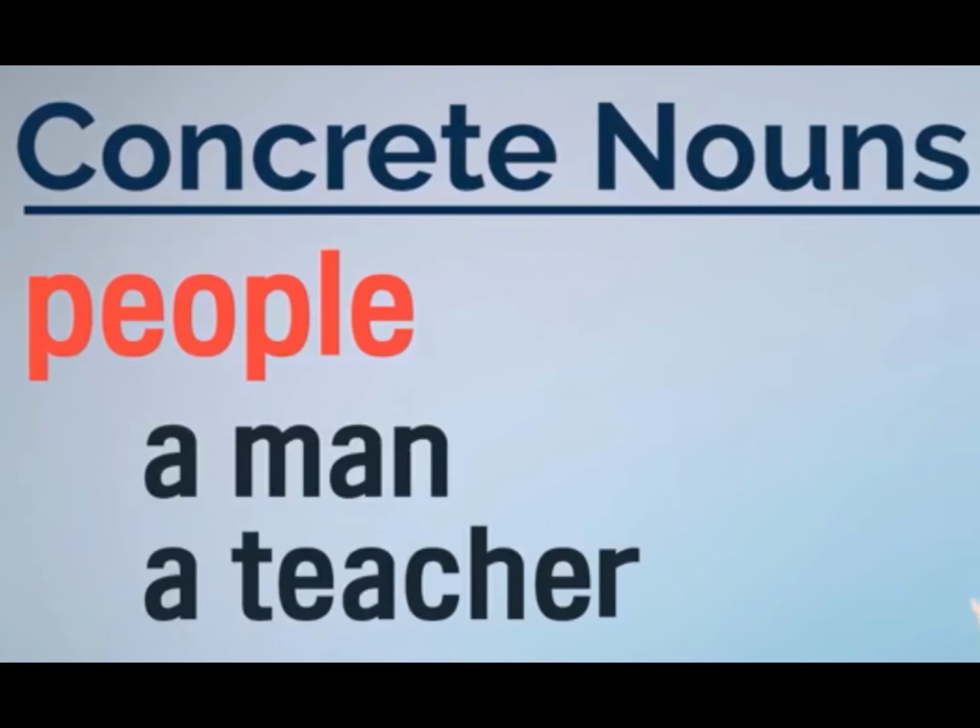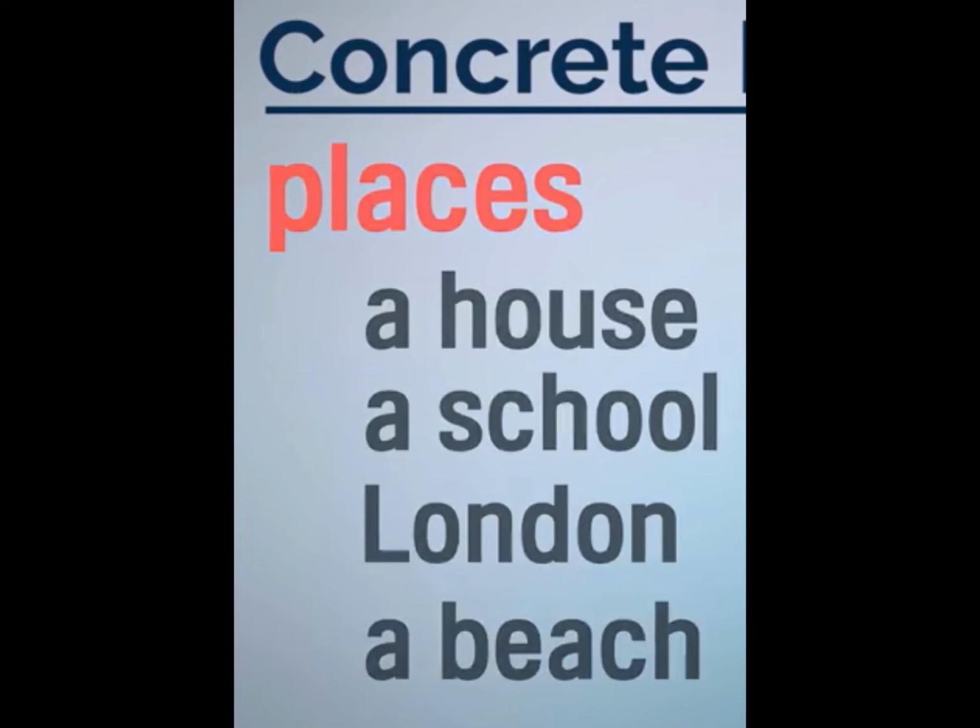To give you an example of a concrete noun, if we want to talk about people, we can say a man, a teacher, or we can say Mrs. Nasreen, or Mr. Smith. If we want to talk about places, we can say a house, a school, a city like London or Aqaba, a beach.